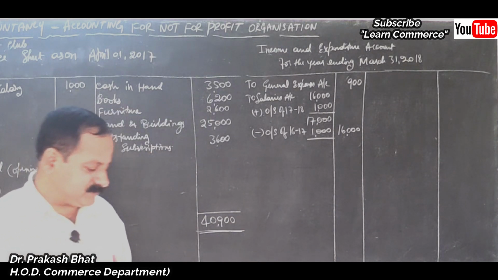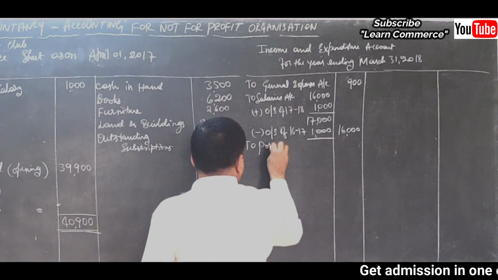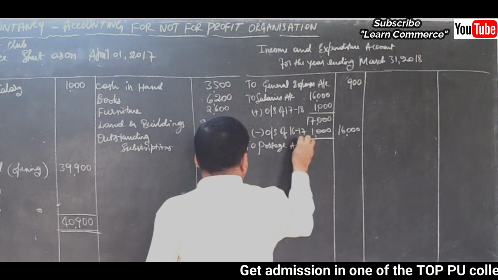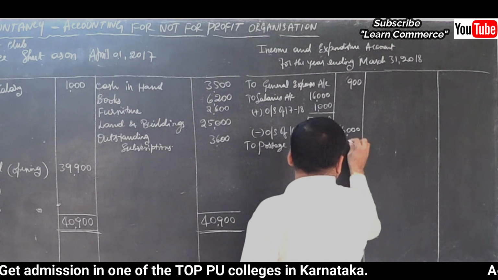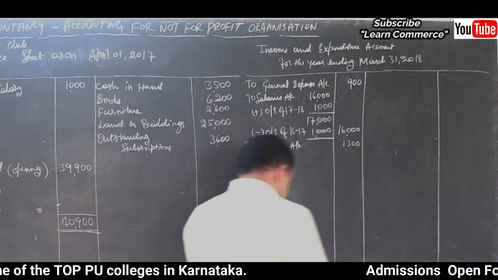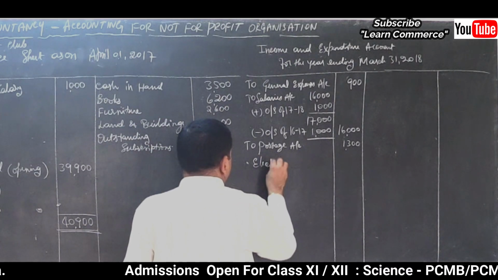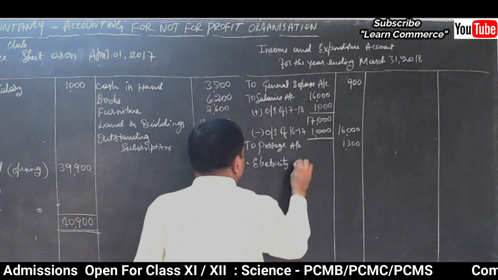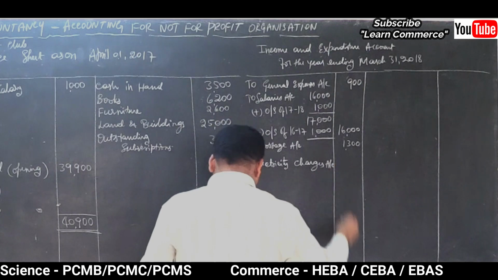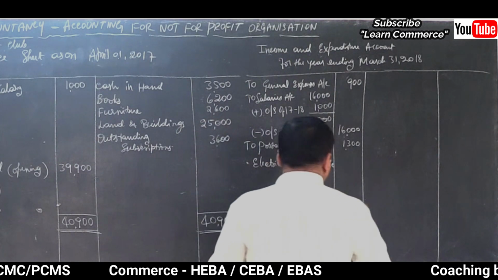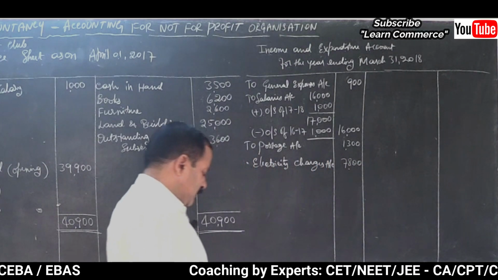Then to postage account, 1,300. Then electricity charges account, 7,800.